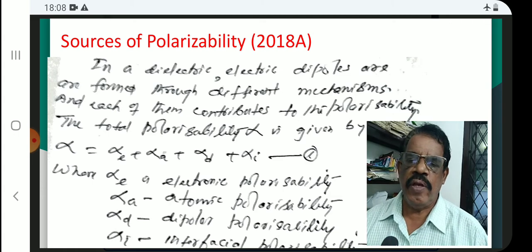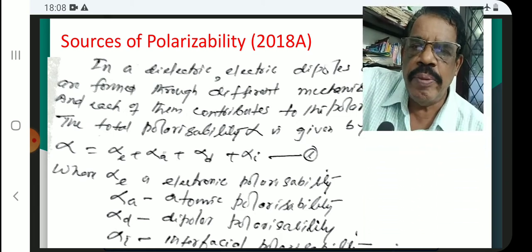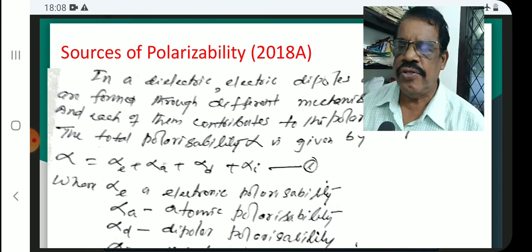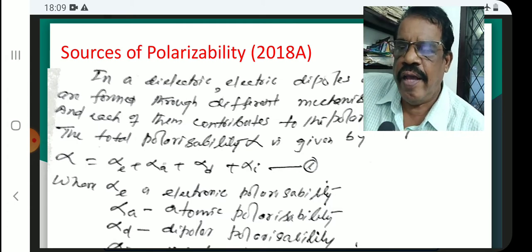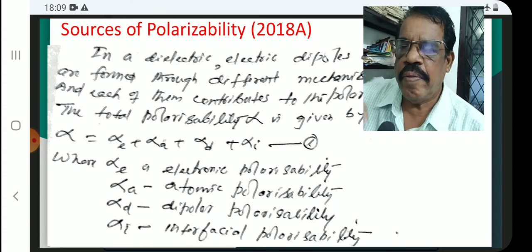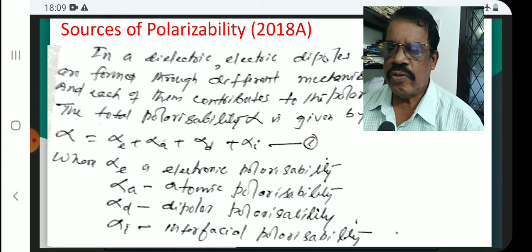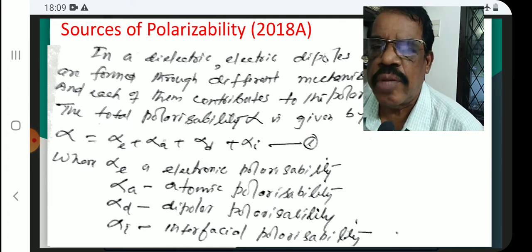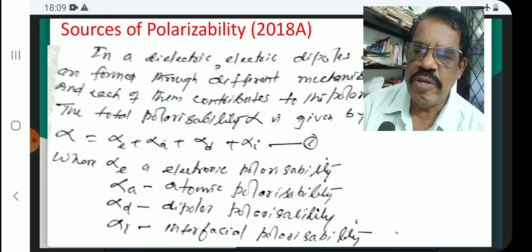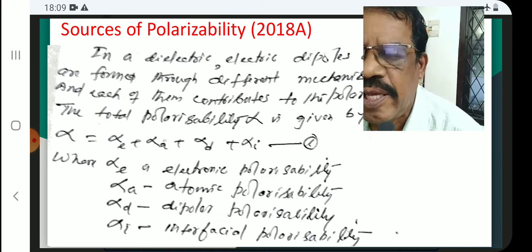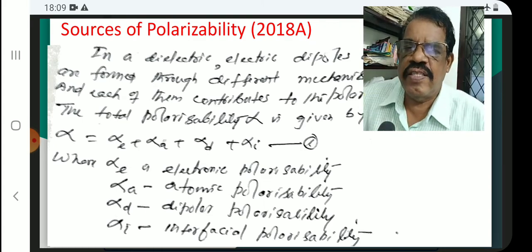The total polarizability alpha is given by alpha is equal to alpha_E plus alpha_A plus alpha_D plus alpha_I, where alpha_E is the electronic polarizability, alpha_A is the atomic polarizability, which requires special attention, alpha_D is the dipolar polarizability, and alpha_I is the interfacial polarizability.